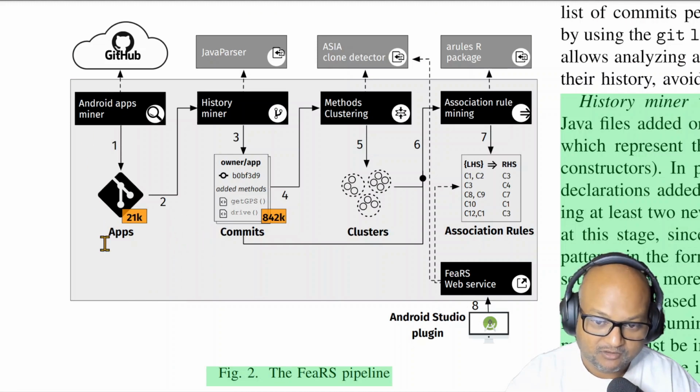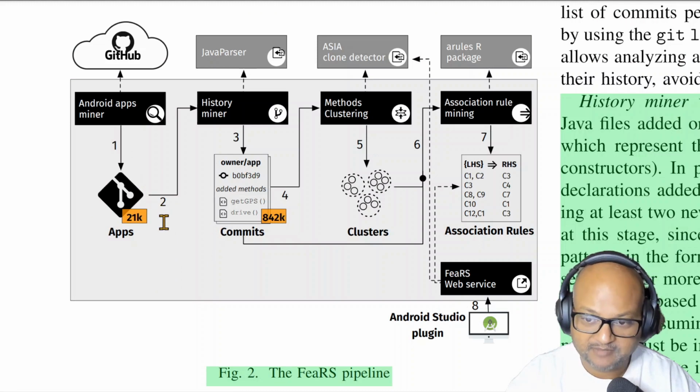This is the overall structure of the system. They take all these apps from GitHub and they focus just on Android apps written in Java, and they pass it through a Java parser so that they can get the underlying structure from the source code. Then they perform clustering on the resulting methods extracted from every Java class. They use an existing clone detector called Asia to group similar methods together and form clusters with them.